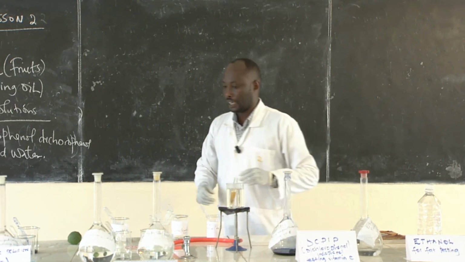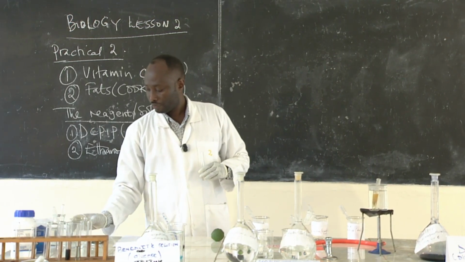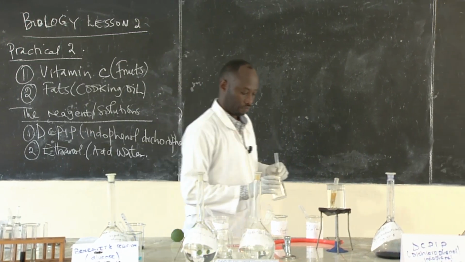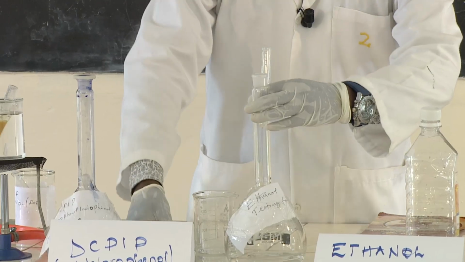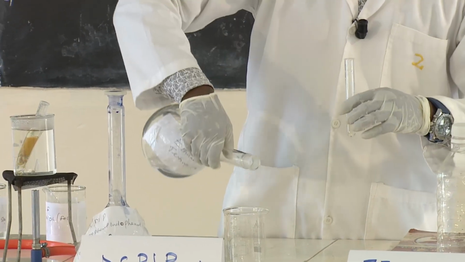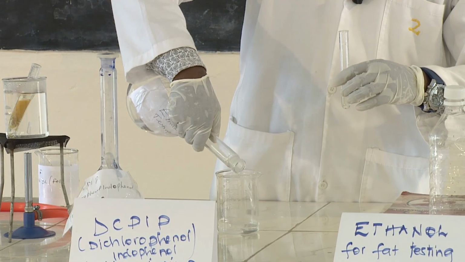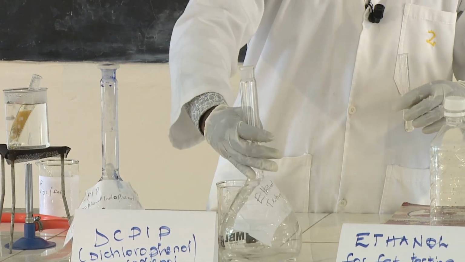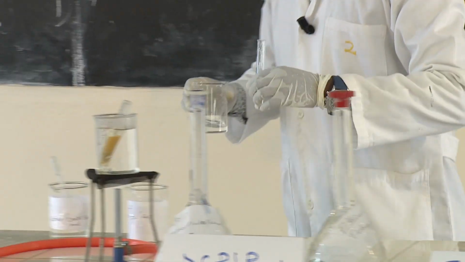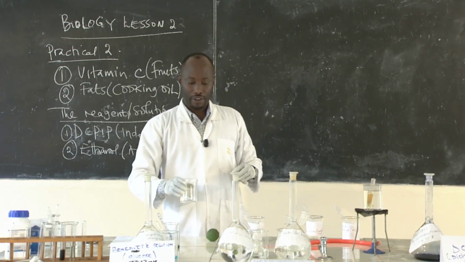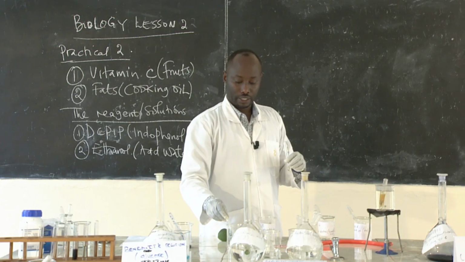Let me just get a beaker and I add hydrochloric acid. Or we can use ethanol. So the ethanol is here to test the presence of fats in our food nutrients. So let us test and see.